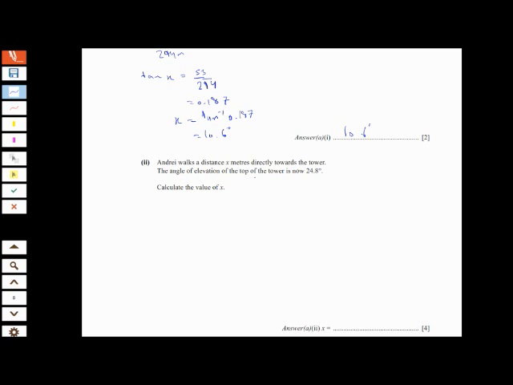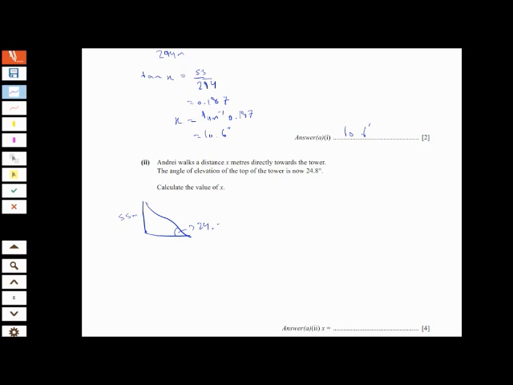Now they gave you the angle, so now let's draw the triangle again. 55, it didn't change, the tower height didn't change, so 55 meters high. But what did change is that Andre walked towards the tower. That means that the distance has decreased. So it should be something like this. And we know that this angle is 24.8 degrees.